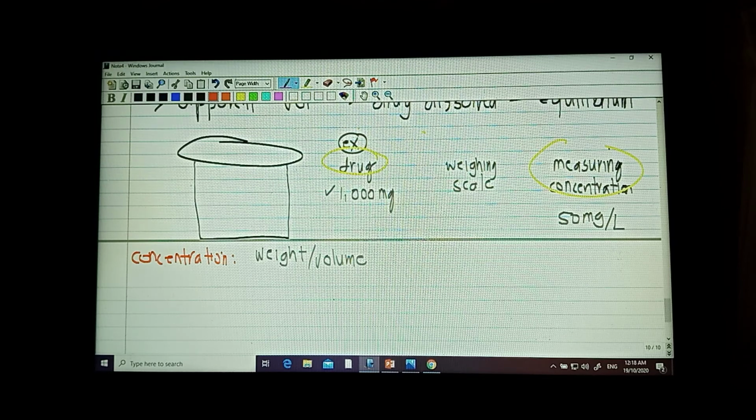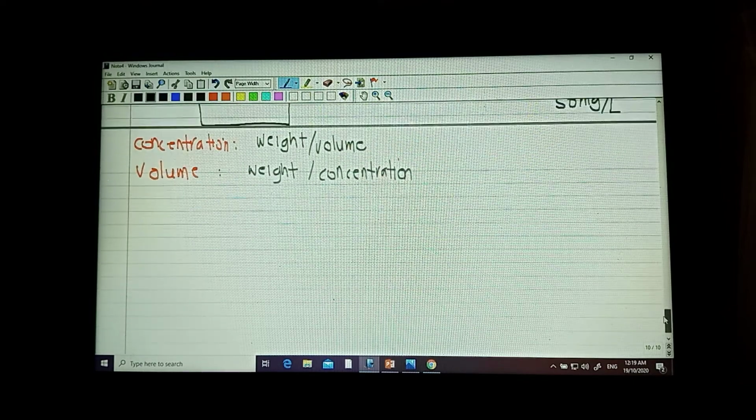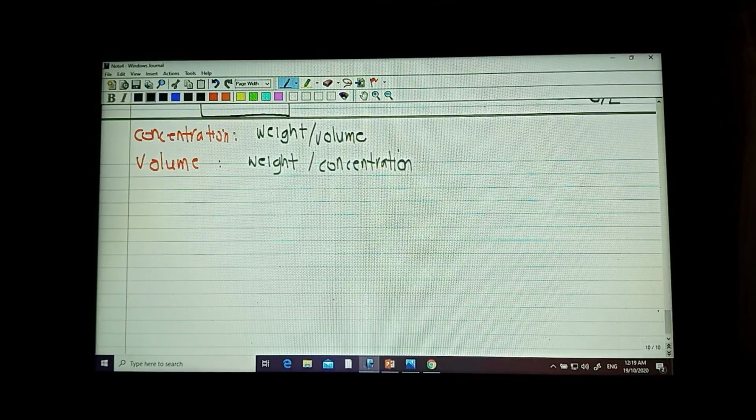So, since the formula for concentration is weight divided by volume, now the question is, how do you compute your volume? By using this equation, we can derive the formula. Madali lang, elementary yan. To get the volume, weight divided by, obviously, concentration. Tataas lang natin. Weight divided by concentration.